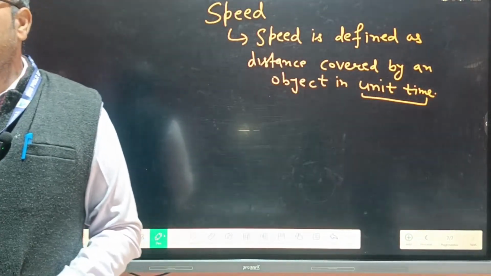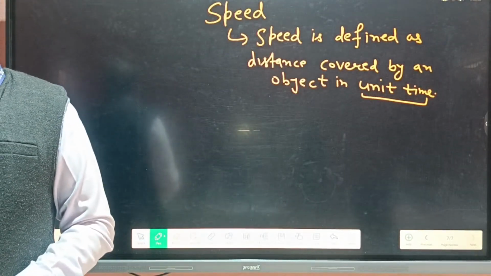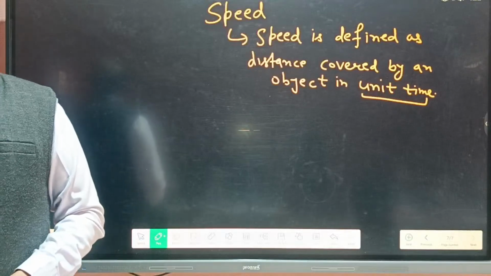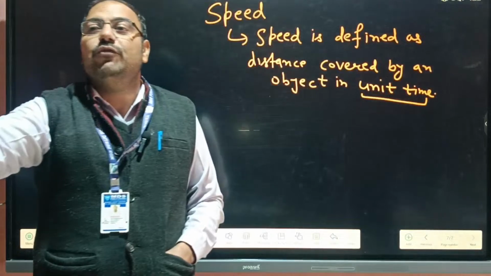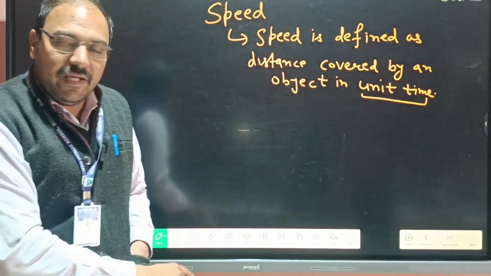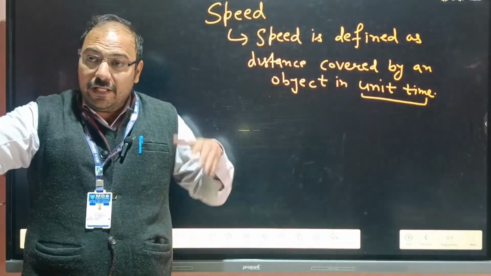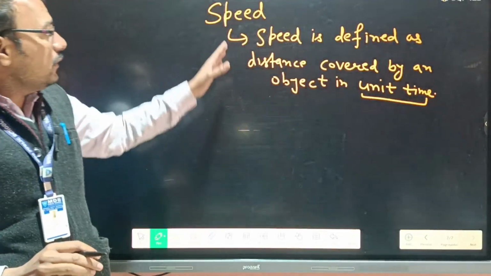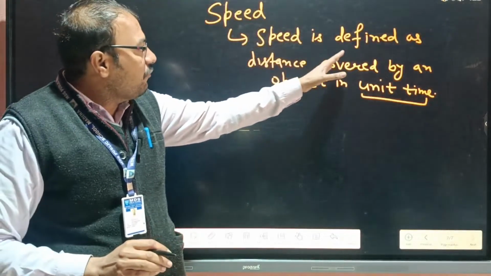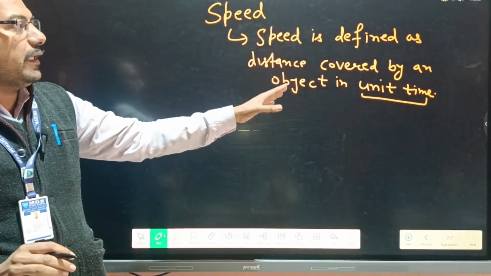For example, Nitesh, Vivek, and Kapil. If you consider this wall as the initial point and that wall as the final point, you run from here to here. So here you measure in 1 second. So this is speed. Speed is defined as distance covered by the object in unit time.